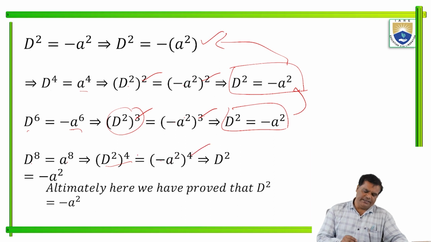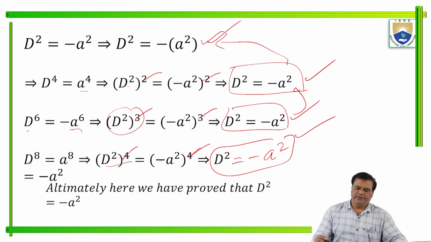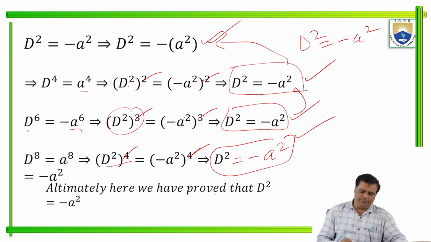The power 4 is cancelled, and we get D square equal to minus A square. In all results we get the same result. Ultimately, we have proved that D square equals minus A square.